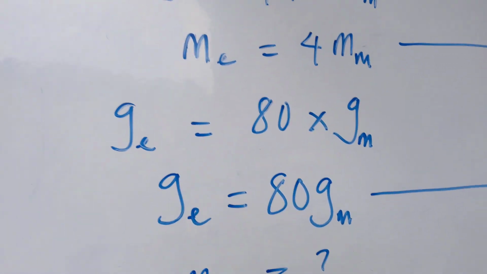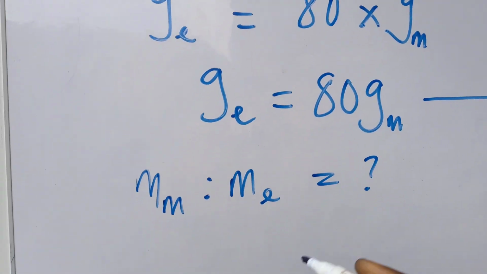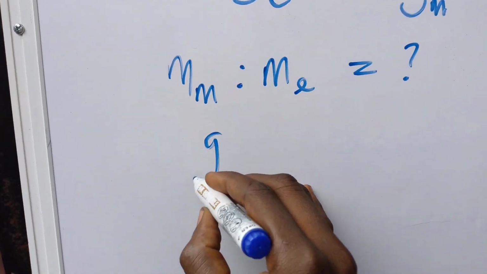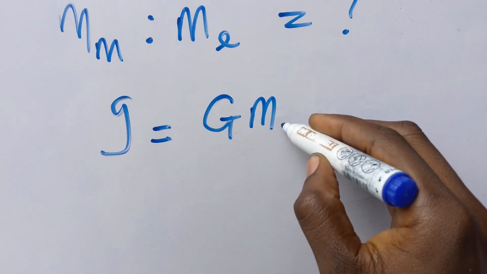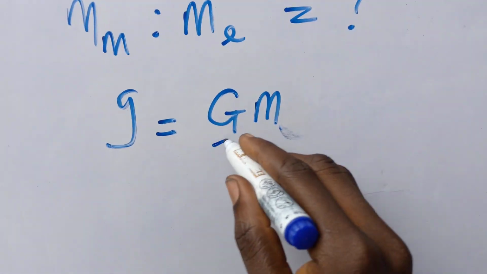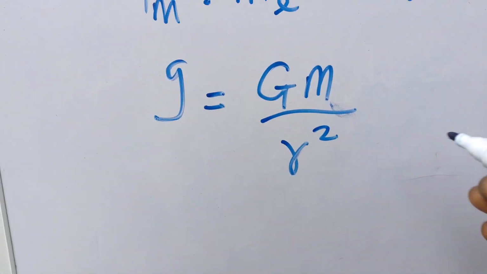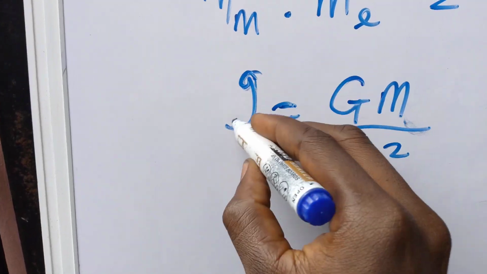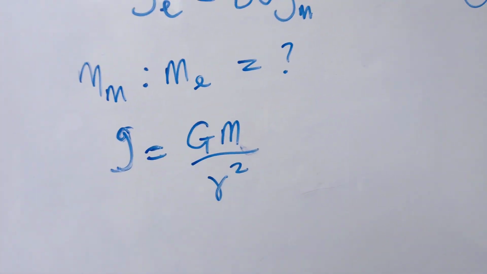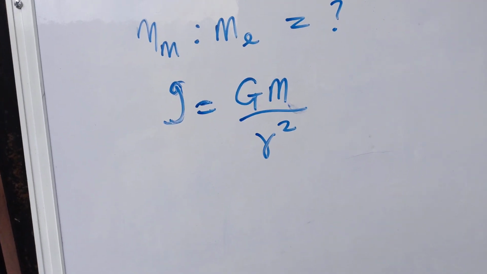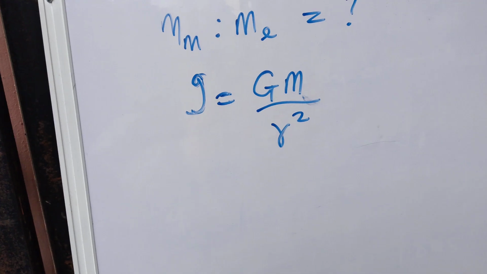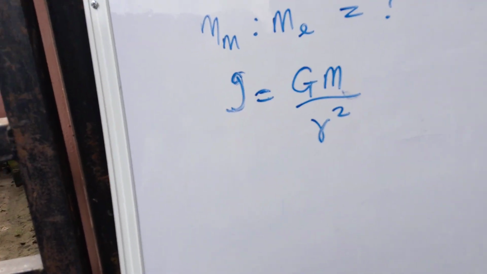We know that the formula for small g is capital G m over r square. We know that the acceleration due to gravity is capital G m over r square. So we'll look at that on the Earth's surface.